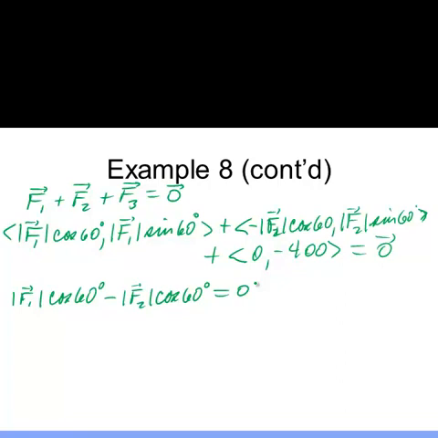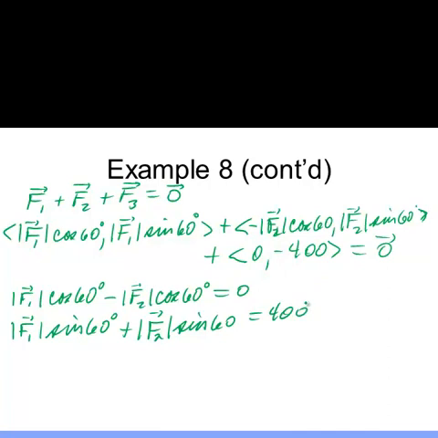All right, and then the y components, sorry, f sub 1 I should say, let me fix that real quick. Magnitude f sub 1, which is this guy right up here, times the sine of 60 degrees, plus magnitude f sub 2 times the sine of 60 degrees, and then minus 400 is equal to 0, so I'll say that this is equal to 400.